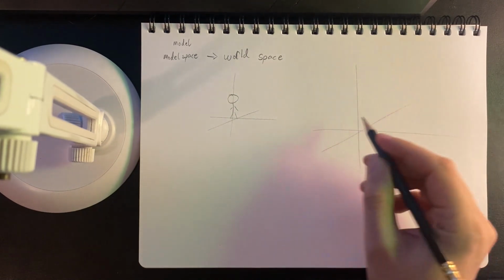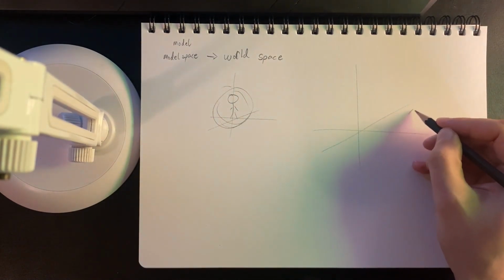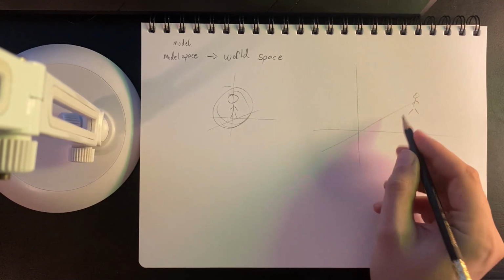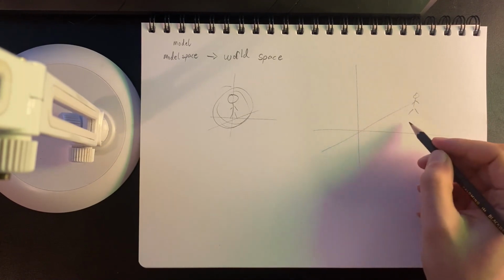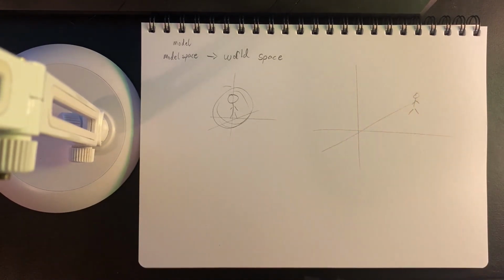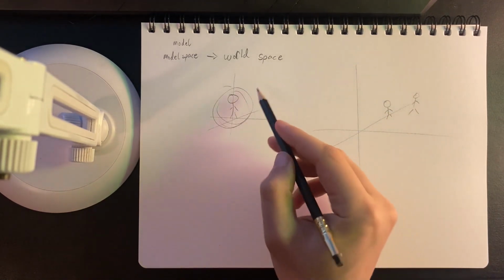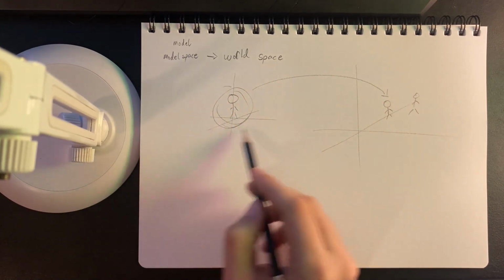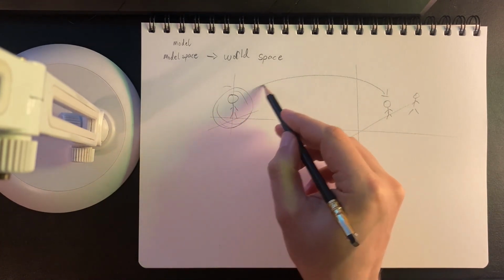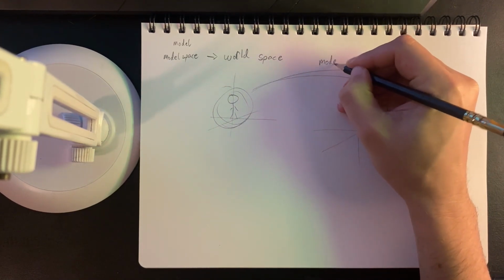But we might want to take this person and put them somewhere else in the world so that their origin doesn't necessarily correspond to the origin of the world. They're at some different position, some different translation. We might want to put them somewhere, but also apply a rotation. So what we're doing is the transformation that takes something from local space, from model space, and puts it out into the world with some sort of transformation applied. That is a model transform.